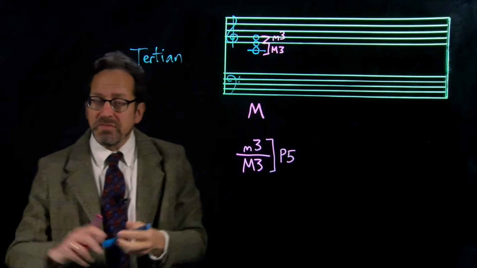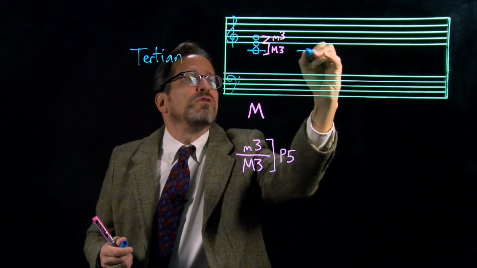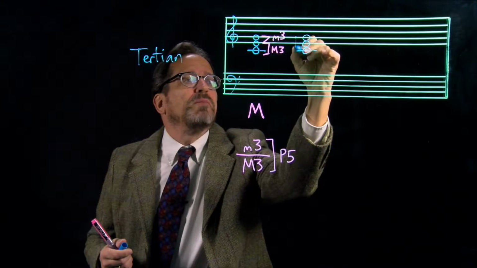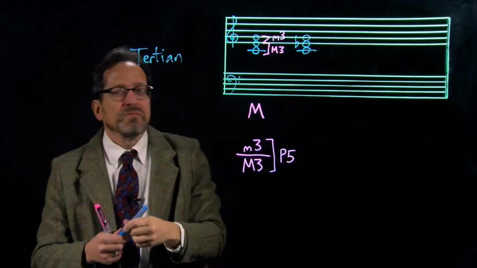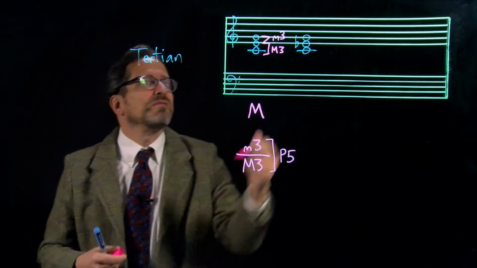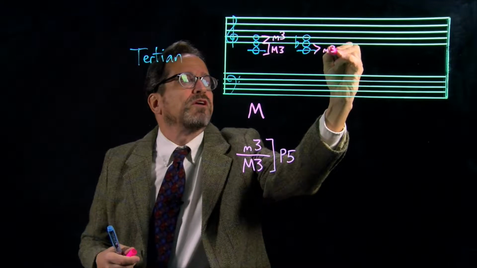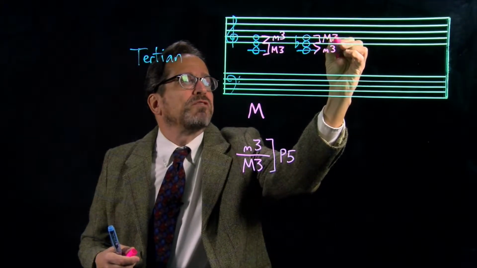Now, if we flip these thirds around so that we have a minor third below a major third, I'm lowering the middle note of the chord, minor third on the bottom, major third on the top.